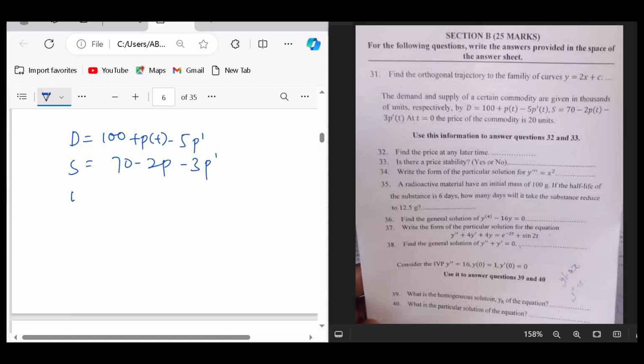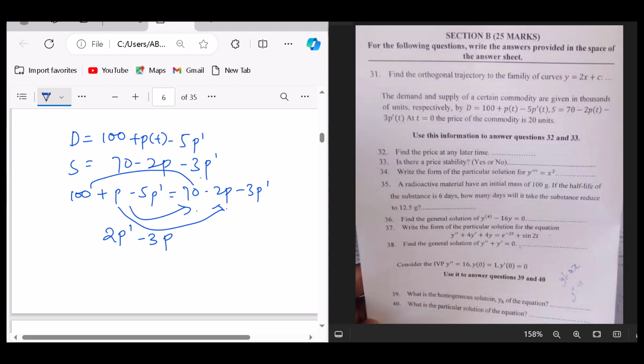So equating the two, we have 100 plus p minus 5p prime equals 70 minus 2p minus 3p prime. So if I send all of them across, I'll have 2p prime and this p going here, minus 3p, this one going here, minus 30 equals 0.